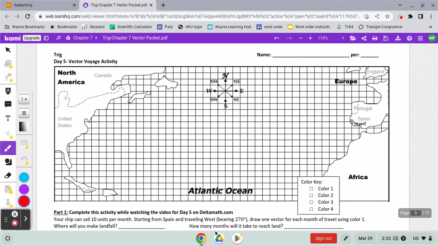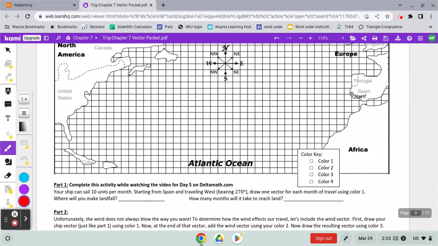So if we look here, first thing we want to do, we have our color key. Let's choose what colors we're going to use. And if you're doing this at home or in a different classroom and you don't have access to colored pencils, it's fine. You can use a pen. You can use a pattern if you want, like dots or dashes. It really can be done even just with straight pencil lines.